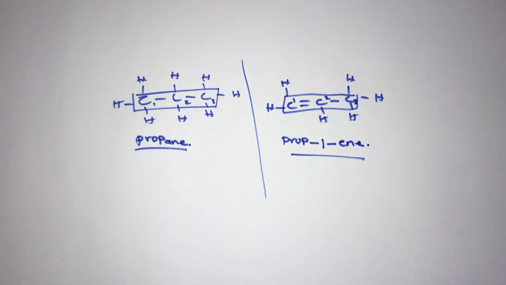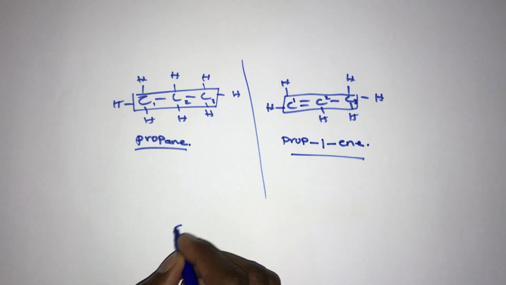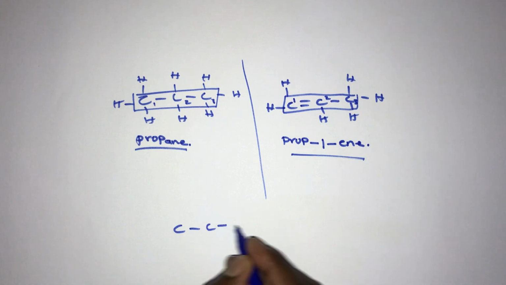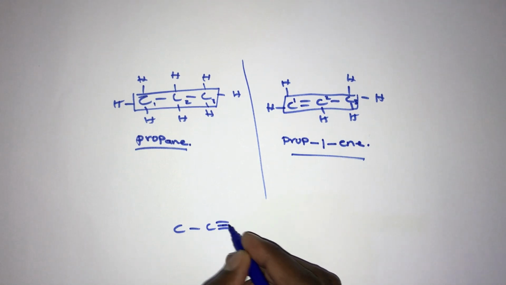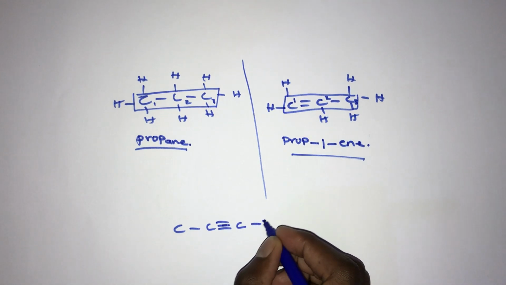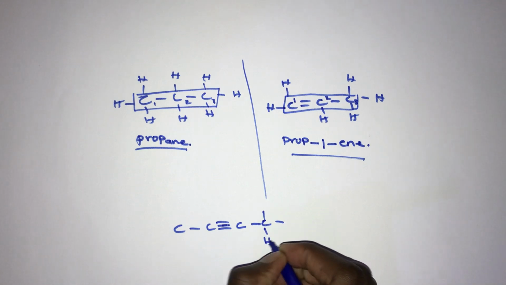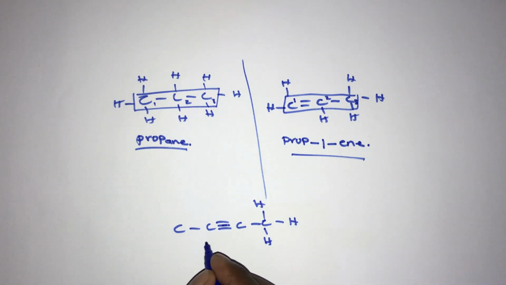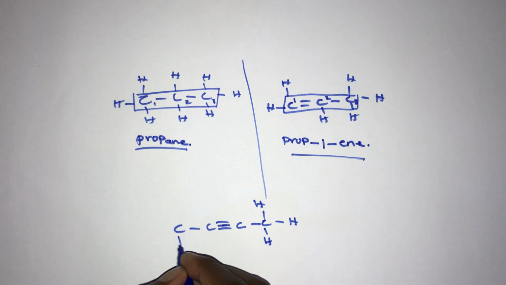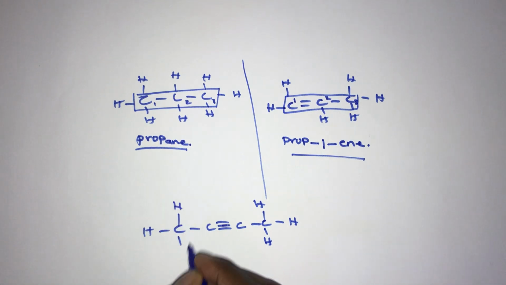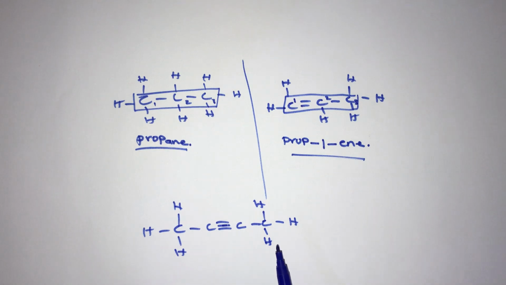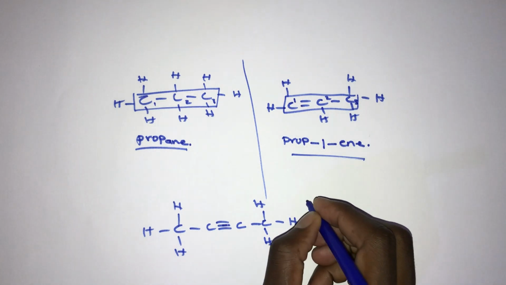So now let's try this one. When we check this one, how many carbon atoms does it have? 1, 2, 3, 4. So it's 4 carbon atoms. So 4 carbon atoms is what? But.